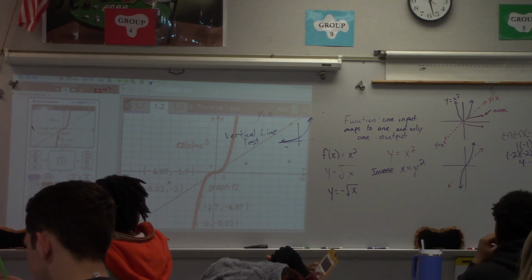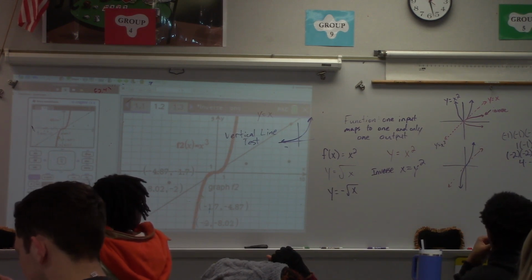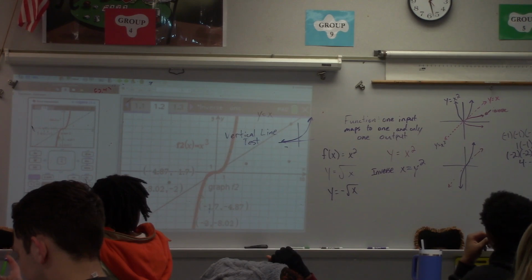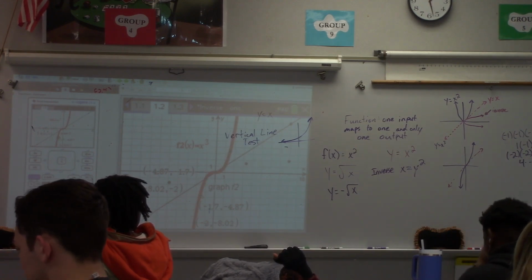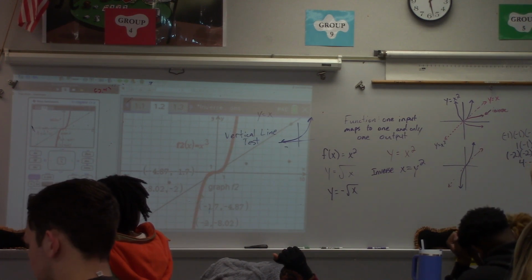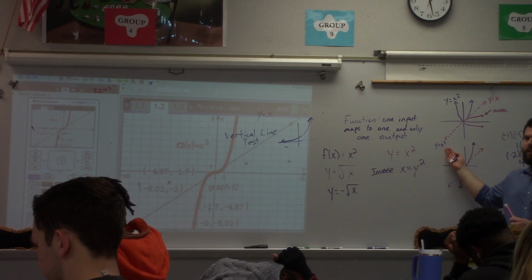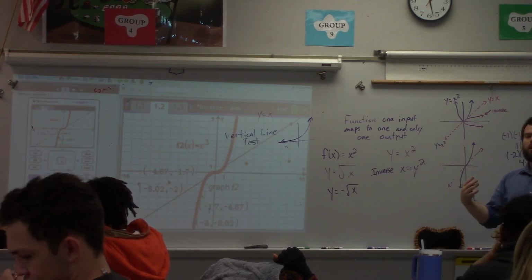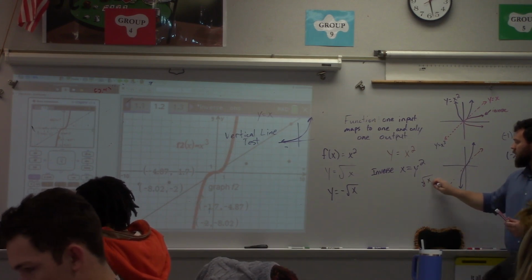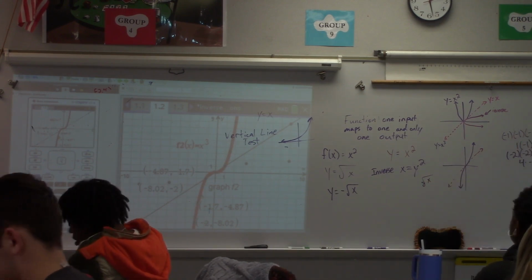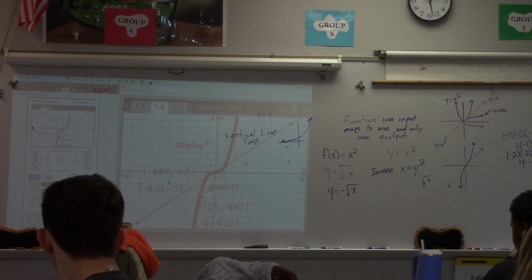What was the inverse of x cubed? Which root was it? A cube root. Right? The inverse of x cubed was a cube root, or a third root. Remember how we talked about that? So let's type y equals x cubed, or the cube root of x, in.